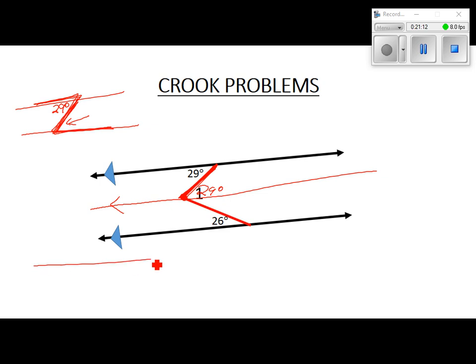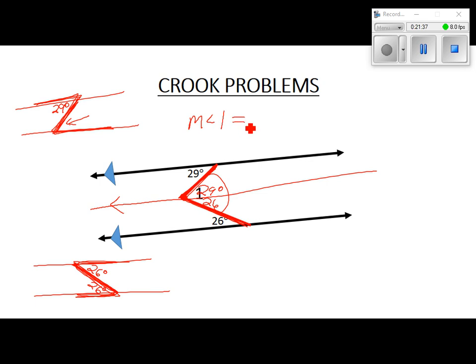Then, if I split off the bottom two lines and use this as a transversal, that would be 26. This one up here is also 26 because, again, what kind of angles are those? Alternate interior, very good. And do you add them? Now, how can we find all of angle 1 there?